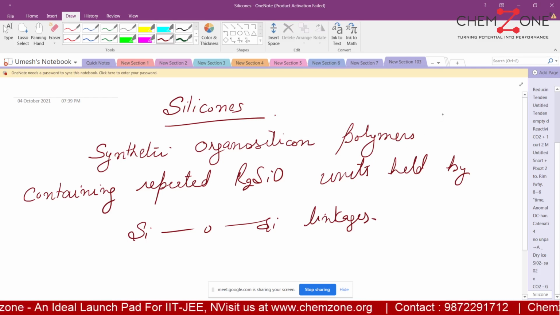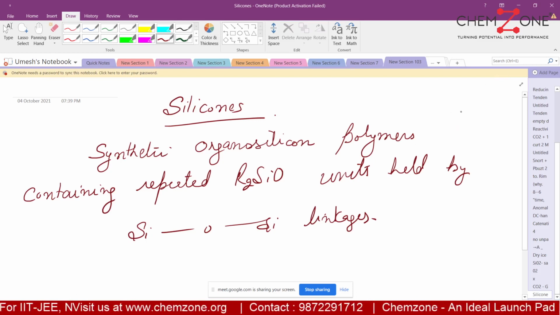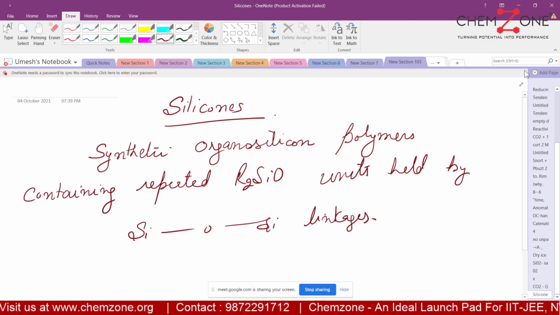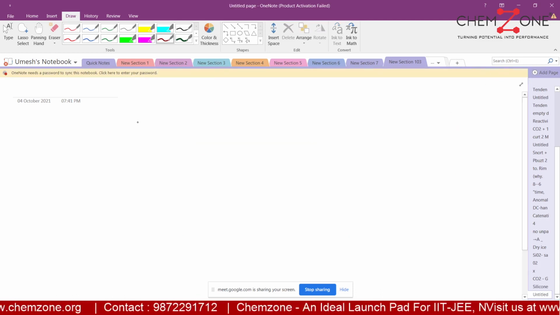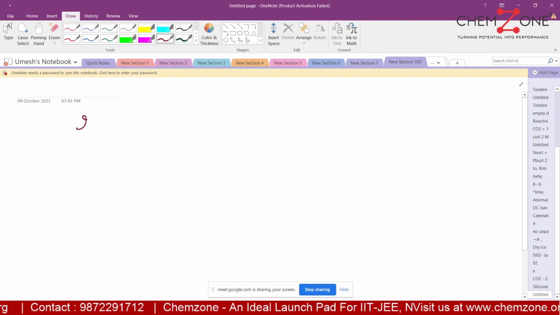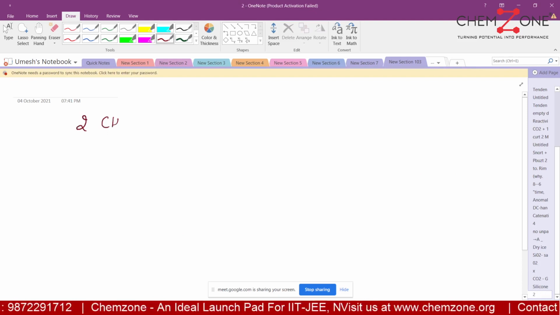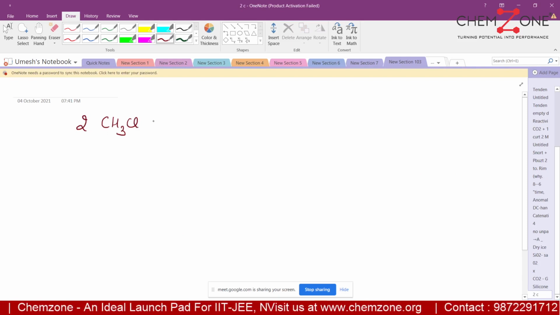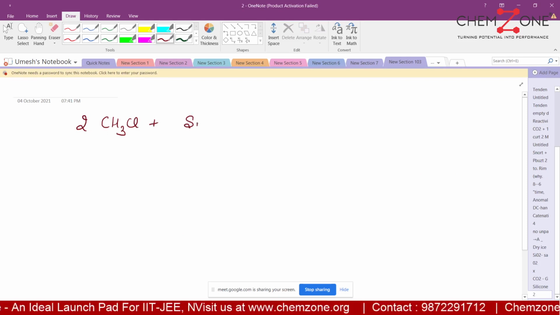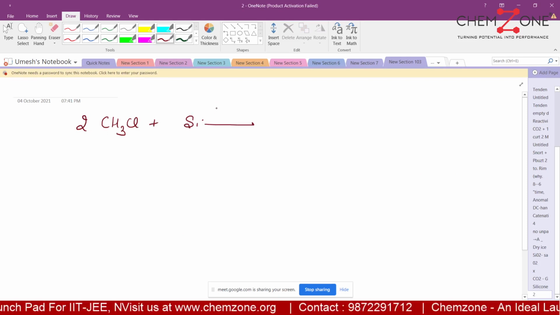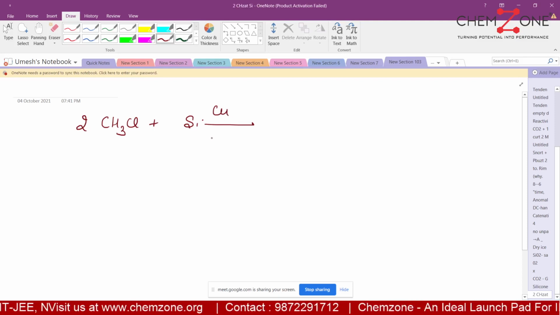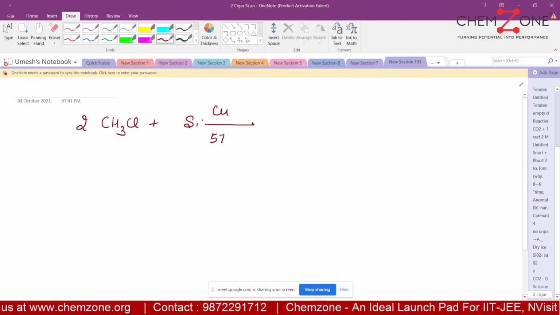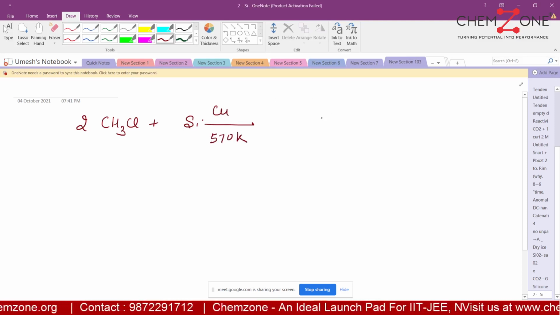So let us understand how these are formed. Noted the definition? Right. Two molecules of chloromethane, this one, are treated with silicon in the presence of copper powder at 570 Kelvin temperature.